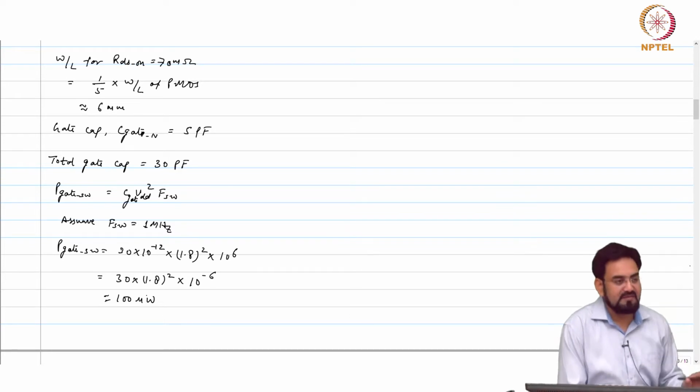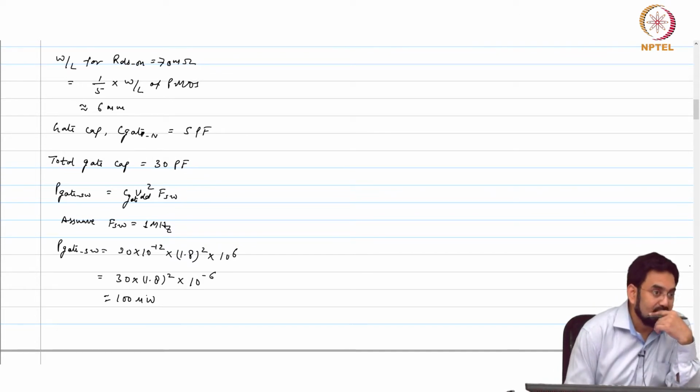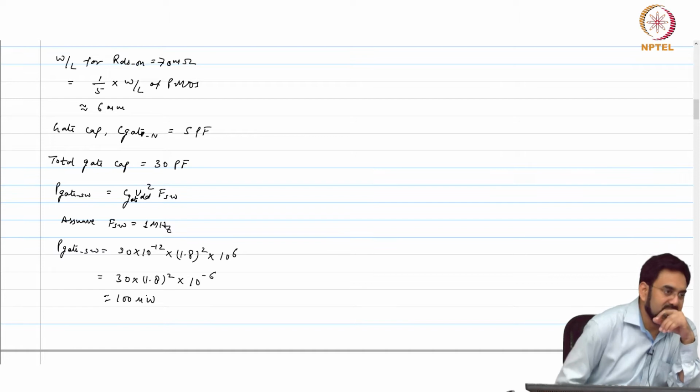So we still have a lot of margin, which means we can even operate at 10 megahertz also. You'll get roughly 1 milliwatt, which is still a very small fraction. Let's say you are targeting 1% of your 120 milliwatt, so 1.2 milliwatt. So 10 megahertz is, I would say, the safe side if you want to make sure your switching loss is not dominating at full load.